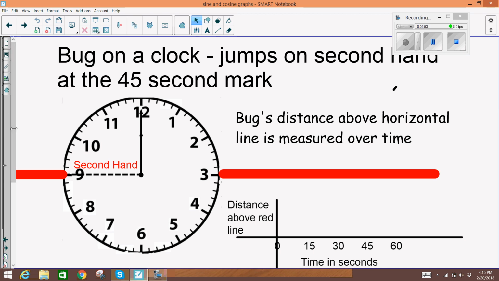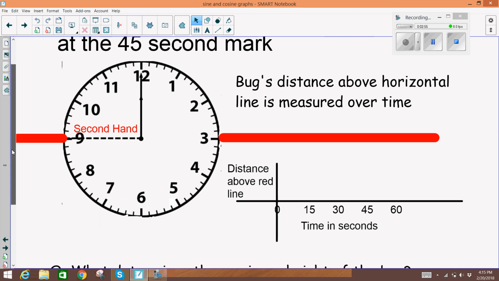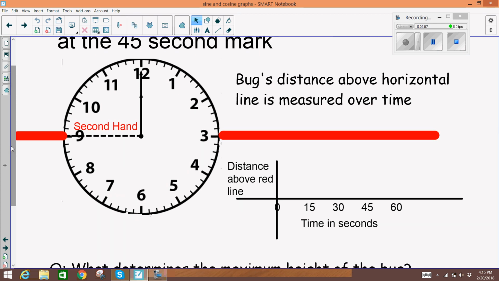So let's take a look at my graph here. This is new for me, so let's see how this goes. All right, so I begin at 0, 0. At the 15-second mark, I'm the farthest above my red line. After 30 seconds, I'm back here.